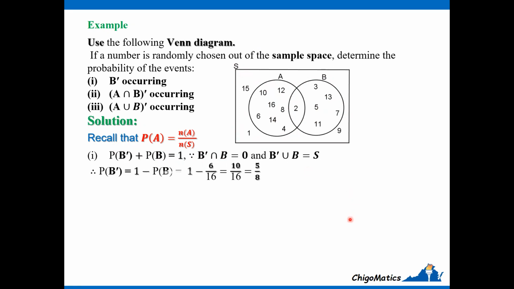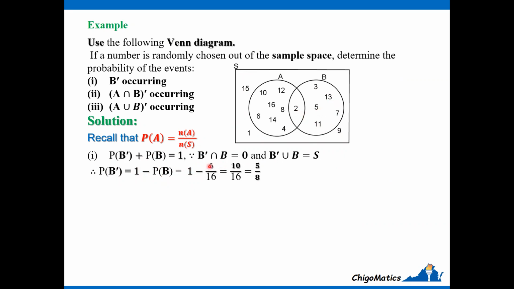In a diagram, okay, before I show you the diagram, we are simply saying the probability of B would be, I take this to the other side, 1 minus probability of B. That is the same as 1 minus the number of elements in B. How many favorable? We have 1, 2, 3, 4, 5, 6.